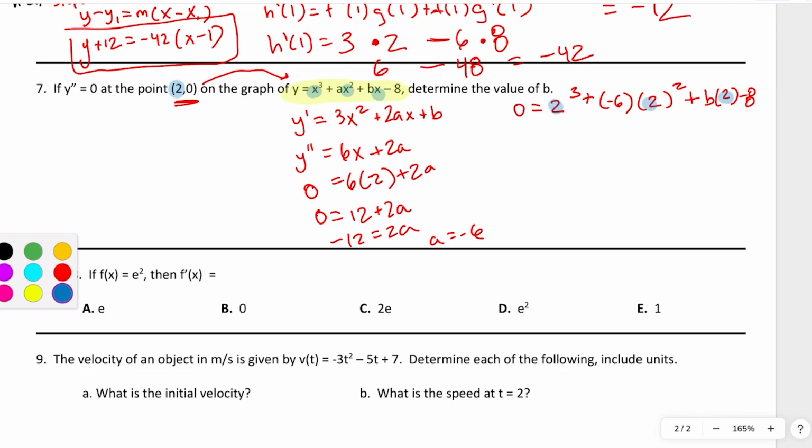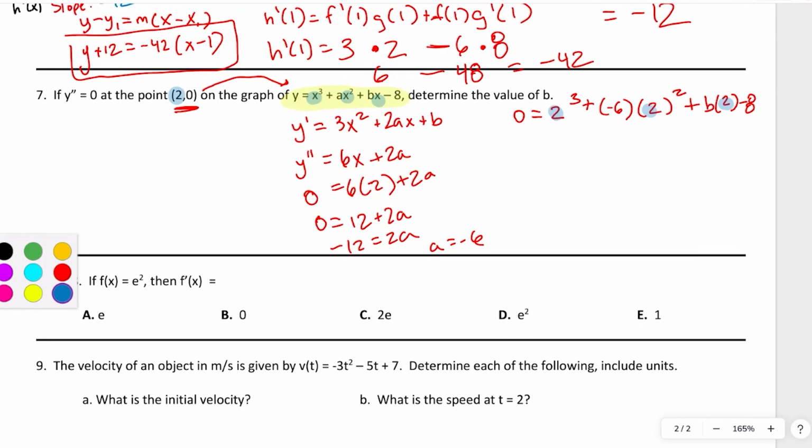And I know that I'm plugging in 2 because I know this point 2 comma 0 is on the curve. I plugged in 0 for y, and I plugged in negative 6 for a. Now that I've got all that written out, we can simplify this equation and try to solve for b.